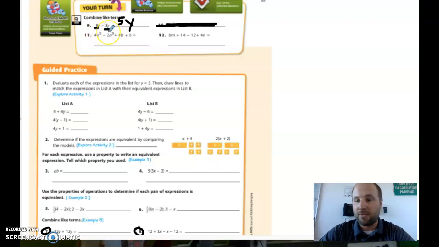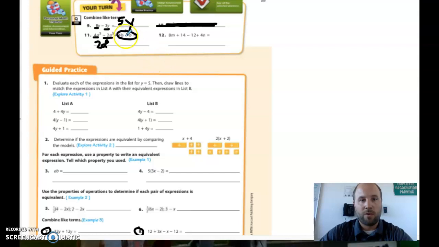Remember, our exponents never change. They're going to stay 5. So we're just going to focus on 4a minus 2a, which is 2a. And it just stays to the 5th power. I know it's hard to see. Then let's circle this whole thing.